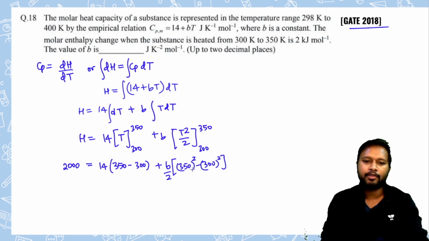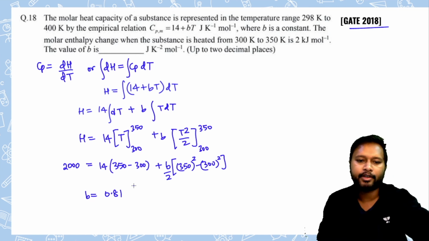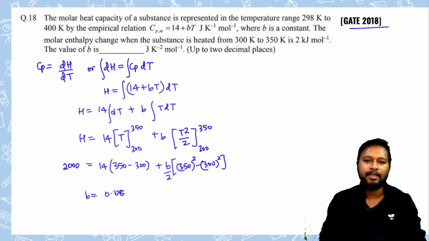So you just have to solve this, 14 into 50, subtract that, and then do the calculation. The value of B you are going to get is 0.08. So this is one of the methods you can apply to solve this.